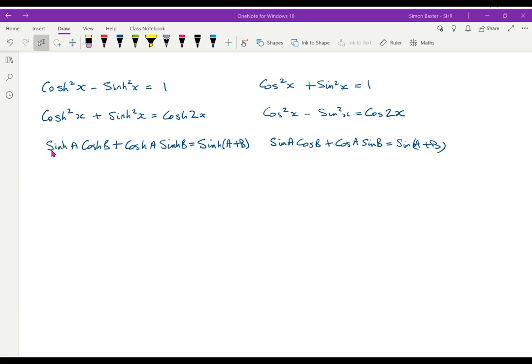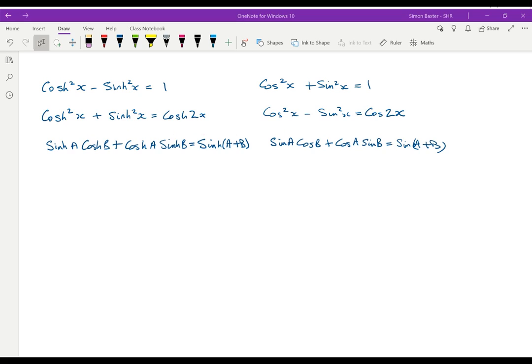And this formula, sine a cos b plus cos a sine b, sine a plus b, worked. Well, it doesn't work, or hasn't with the ones we've got, when we have sine squared. When we have sine squared in the trig formula, we have to have minus sinh squared in the hyperbolic formula.